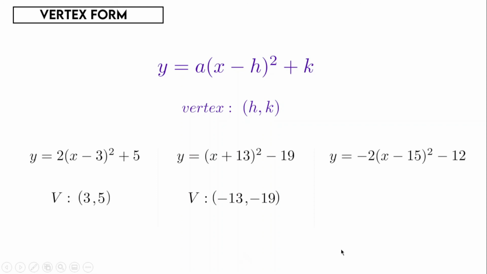At para sa huling example, y equals negative 2 times x minus 15 squared minus 12. So the vertex is given by, negative 15 dito, kaya positive 15 ang kukunin natin. Tapos yung k value, copy lang parehas. So negative 12. So the vertex is 15, negative 12.